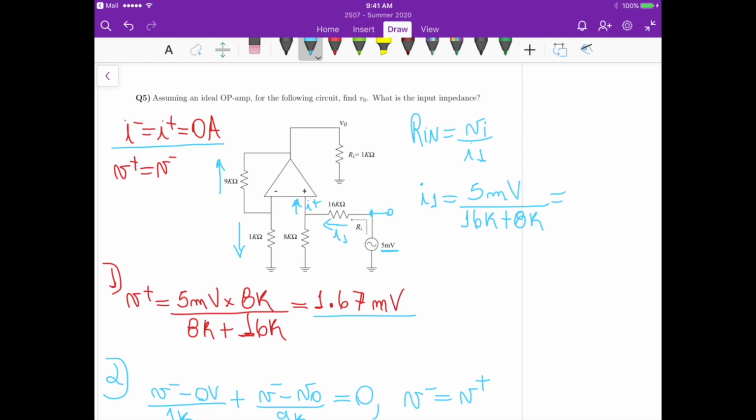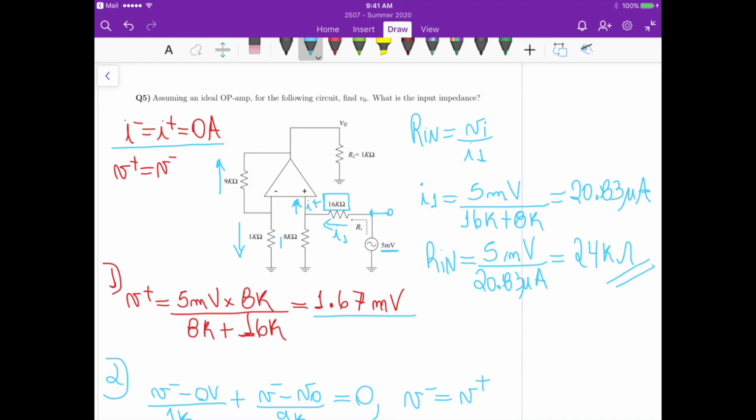And this gives us a current that is 20.83 microamperes. So the input resistance is going to be equal to those 5 millivolts divided by those 20.83 microamperes. And that's exactly 24 kilo ohms, right? Which is the same as summing this 16K plus this 8K here.